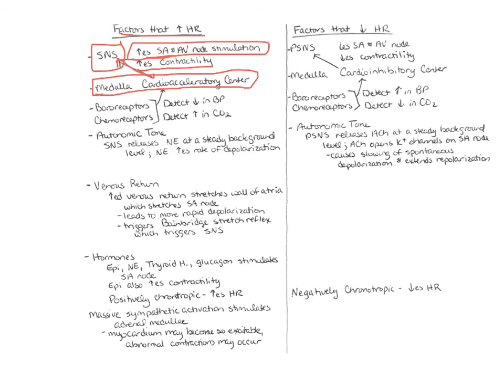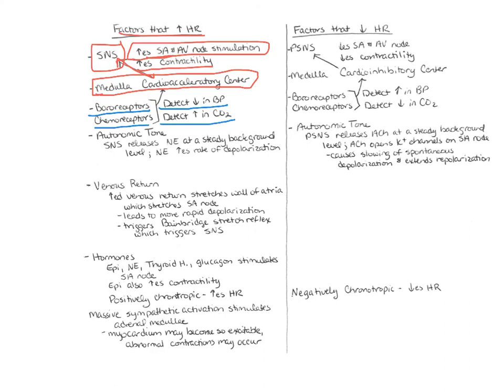And out in your peripheral blood vessels, you have these receptors, both baroreceptors and chemoreceptors. Baroreceptors are detecting a decrease in blood pressure. Chemoreceptors are detecting an increase in carbon dioxide. So if your blood pressure drops, or if your carbon dioxide levels go up, you're going to want to get that blood back to your lungs faster so you can breathe that carbon dioxide out.